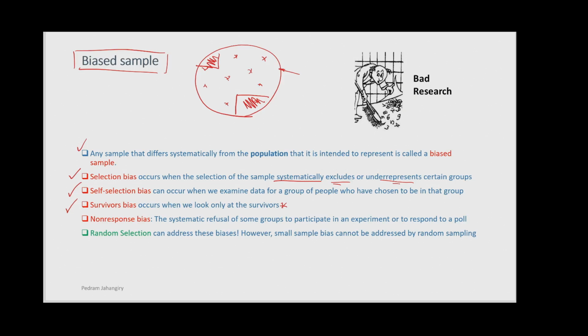And then finally, we have non-response bias. This is also very common when we are dealing with survey data. This is a systematic refusal of some groups to participate in an experiment or to respond to a poll, right? So for instance, if you're collecting a survey on people and ask them, are you an alcohol abuser?